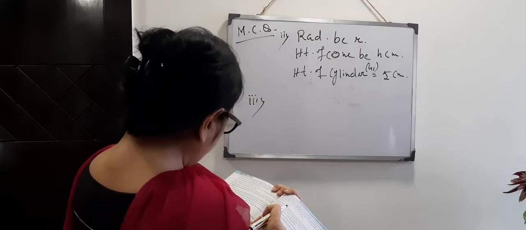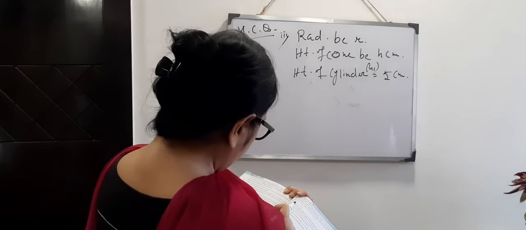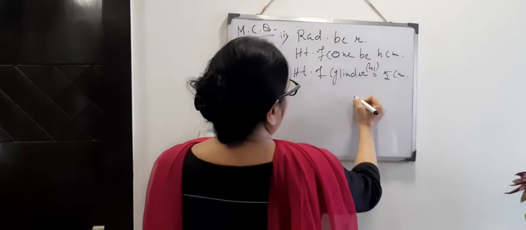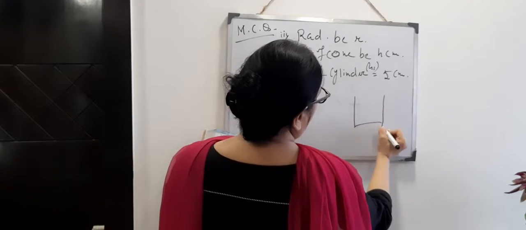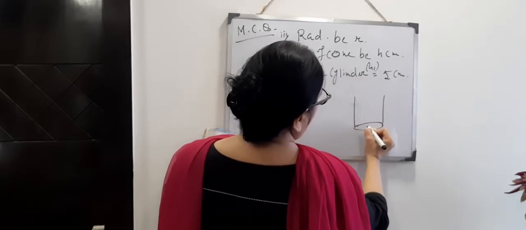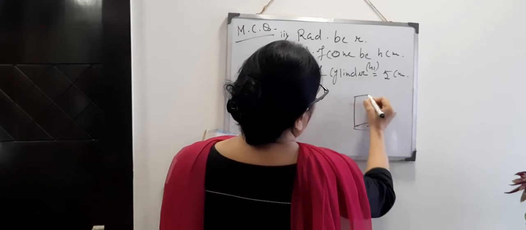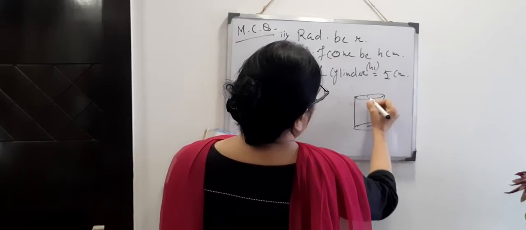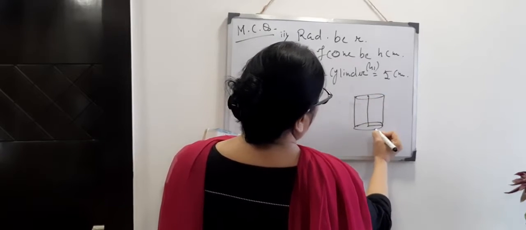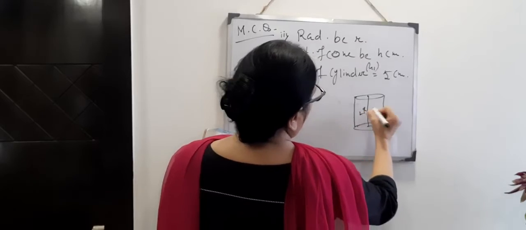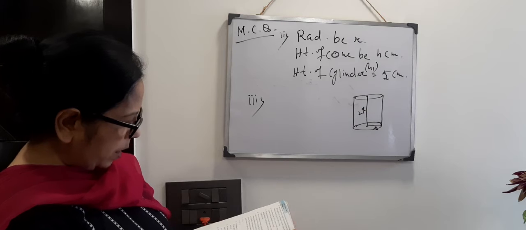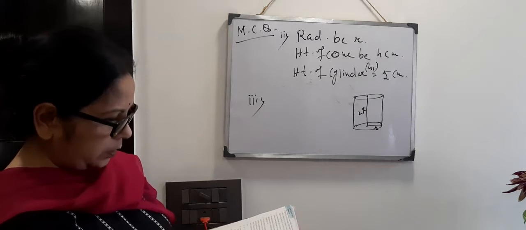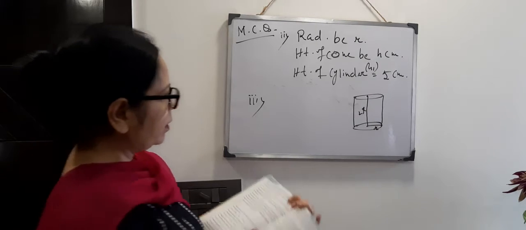This is the cylinder. This is r and this is 2r. And height given 2r.